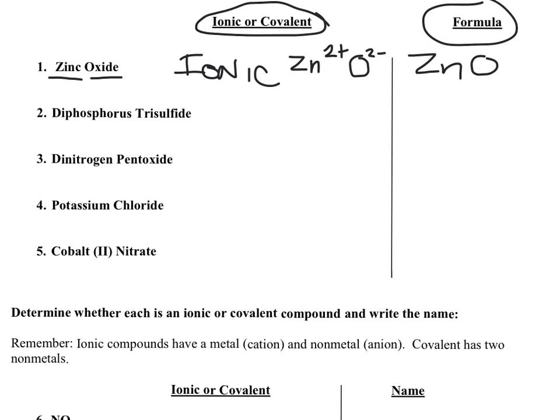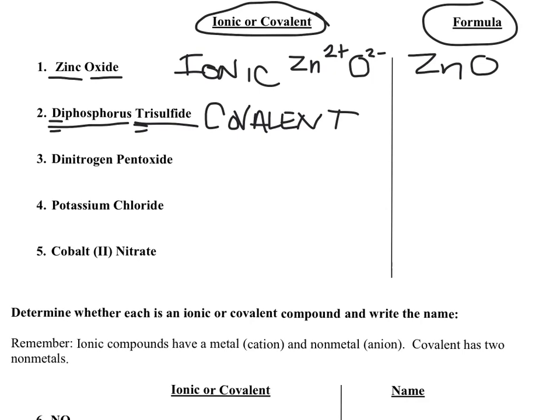All right? Looking at number 2, diphosphorus trisulfide. First of all, there's a couple things you notice. The di and the tri are prefixes. And we know we only use the prefixes for covalent compounds. So technically, that's one way we can tell right away that it's covalent.